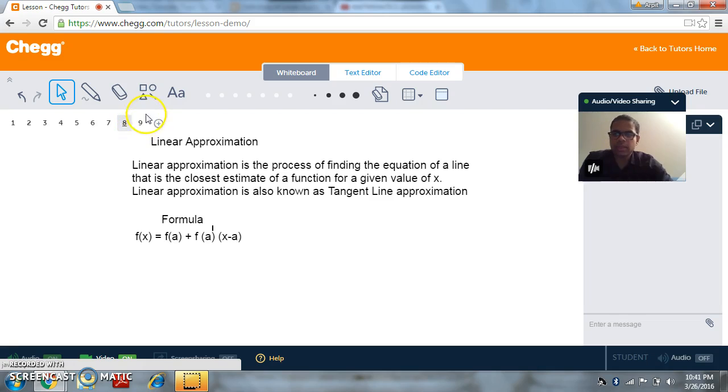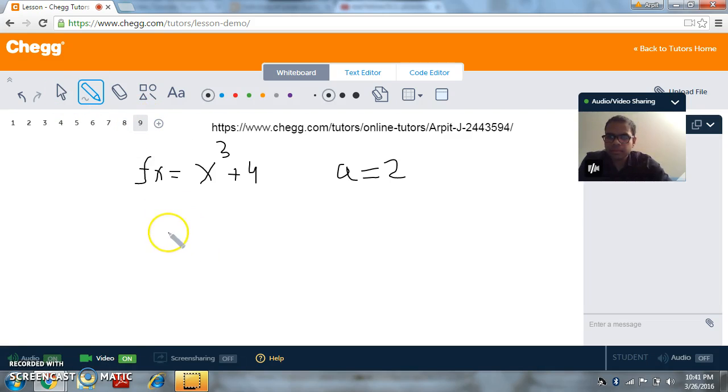So the formula is f of x equals f of a plus f prime of a multiplied by x minus a.